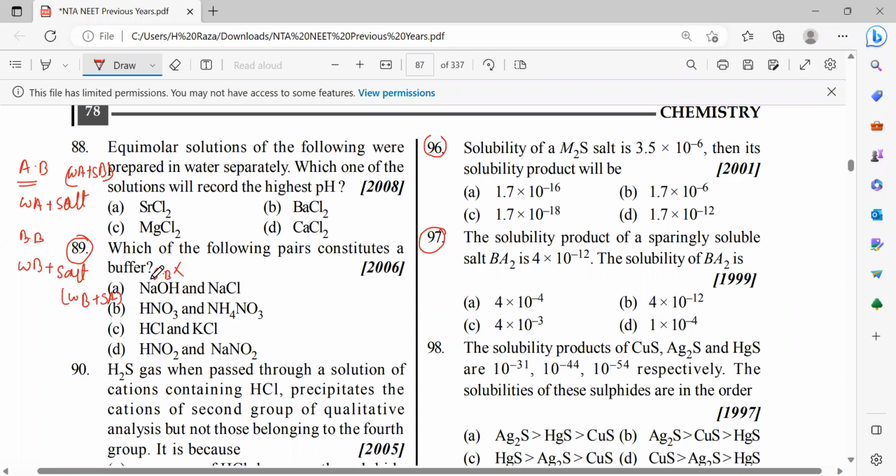So whenever in a solution you have a strong acid or a strong base, that will not be a buffer. In this, a strong acid is here. In this, a strong acid is here. It is also not. If you look at this, this is your nitrous acid, which is a weak acid, and NaNO2. This is your salt that comes from NaOH, which is a strong base, and NO2 is a weak acid. So this is a salt. So the answer is D.